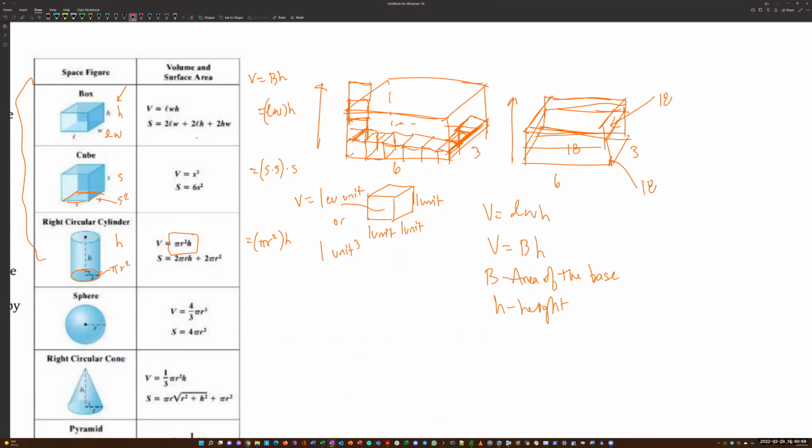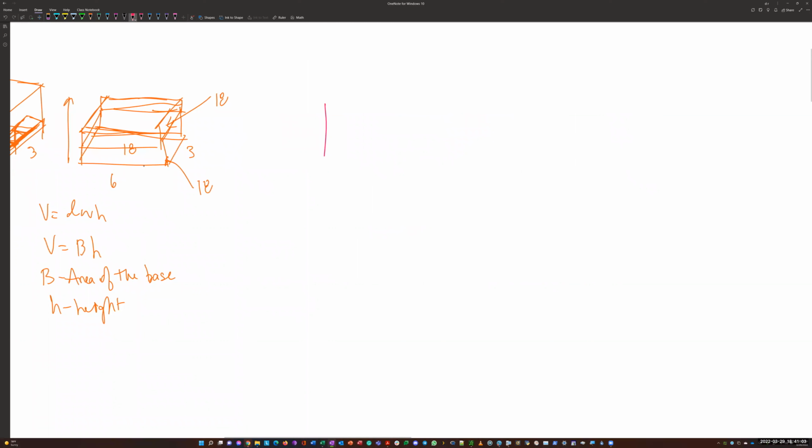All right, so now they start discussing surface area. So let's say we have a right rectangular prism again. Let's say this is L, this is W, and this is H. Now if I said to you, how much would the surface area be?